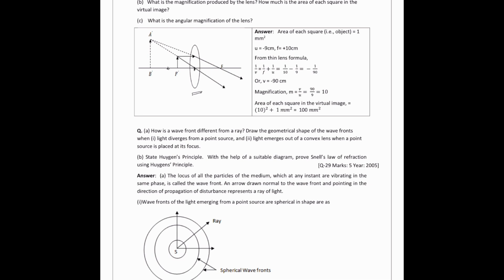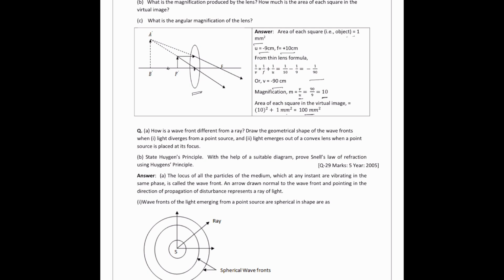So the area of the square object is equal to 1 millimeter square. U is given, F is given, so you can calculate the V. 90. Magnification is image distance by object distance, 90 by 9, 10. So the area of the square in the virtual image is equal to 10 square times 1 mm square, that is equal to 100 mm square.